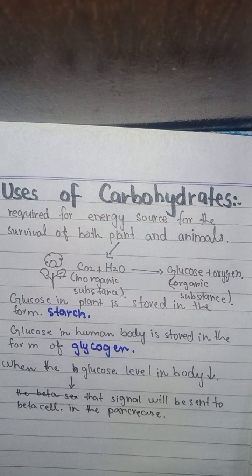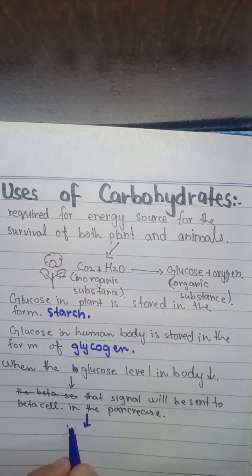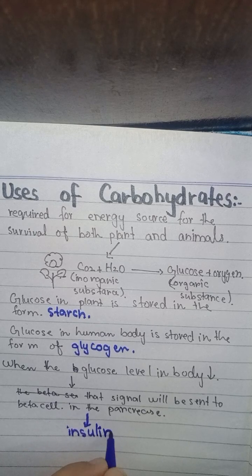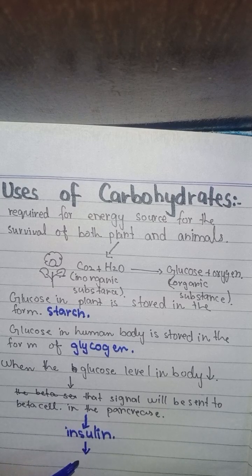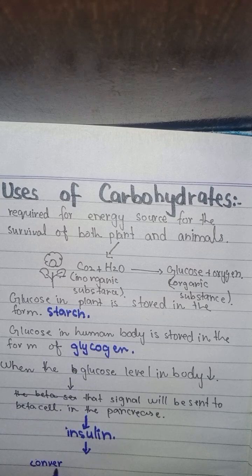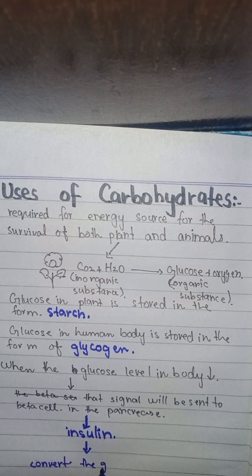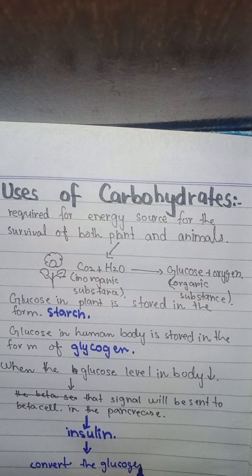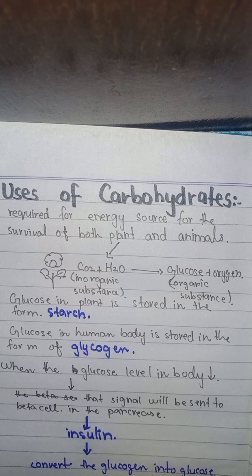After sending the signal to the beta cells that the glucose level in the body has decreased, they will release the insulin. Now what will insulin do? Insulin will convert the glycogen into glucose.